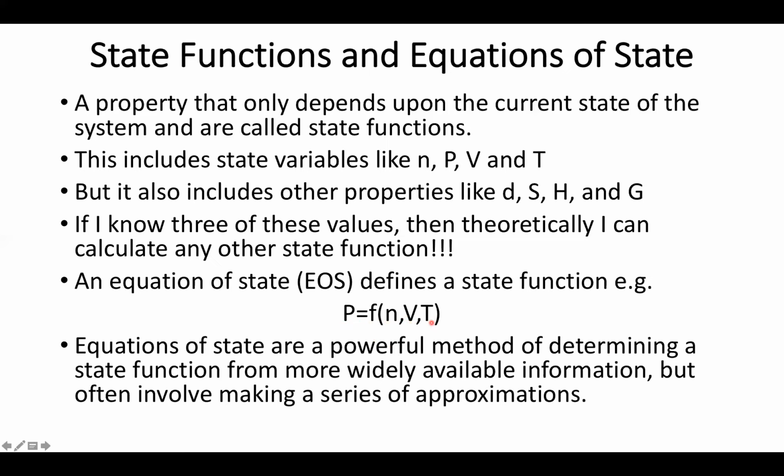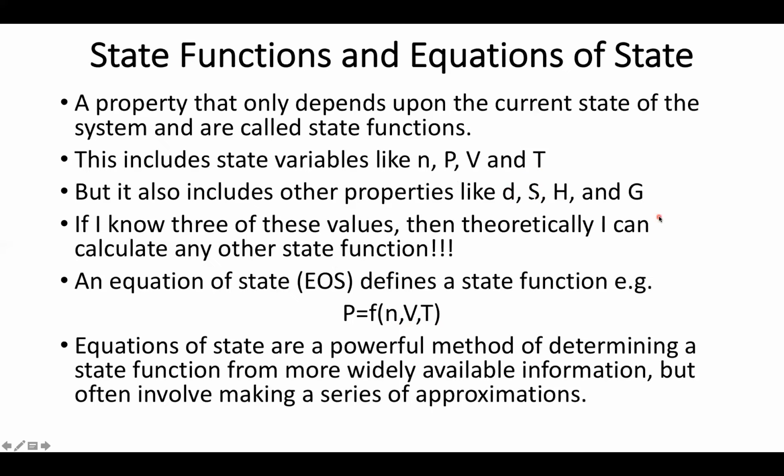This can be incredibly useful because sometimes I may only be able to physically measure three of these variables. So if I have an equation of state that lets me get one of these variables from another subset, it becomes incredibly powerful, especially when we're talking about difficult to measure state properties such as entropy, enthalpy, and free energy, which can be much trickier to work with.